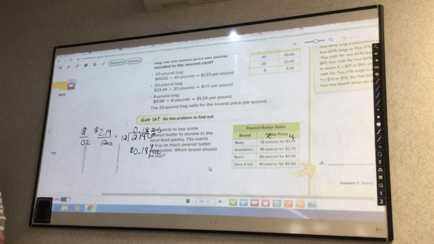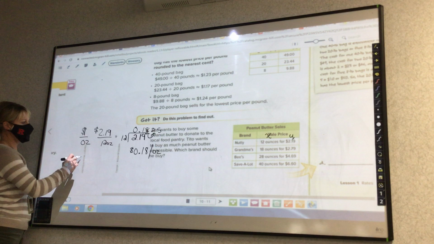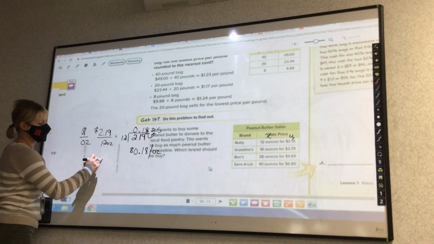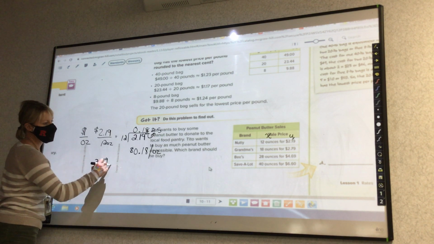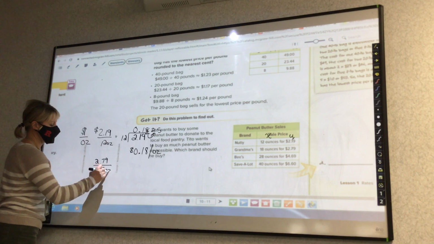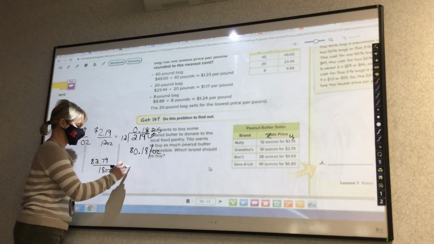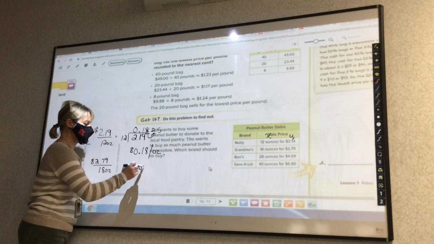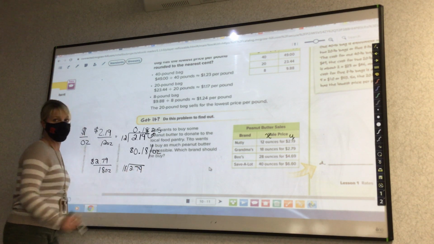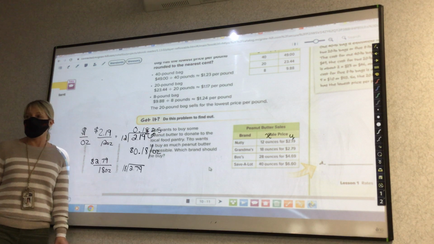We're gonna keep doing that, so then we do Grandma's, we go $2.79 for 18 ounces. So do that in your calculator. $2.79 divided by 18. What do we get?